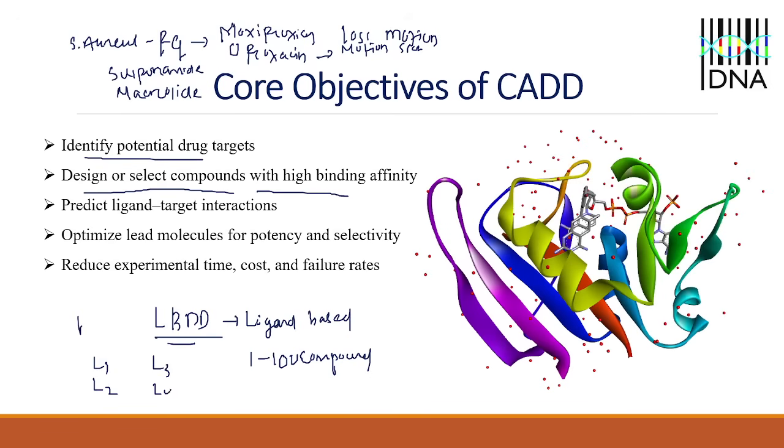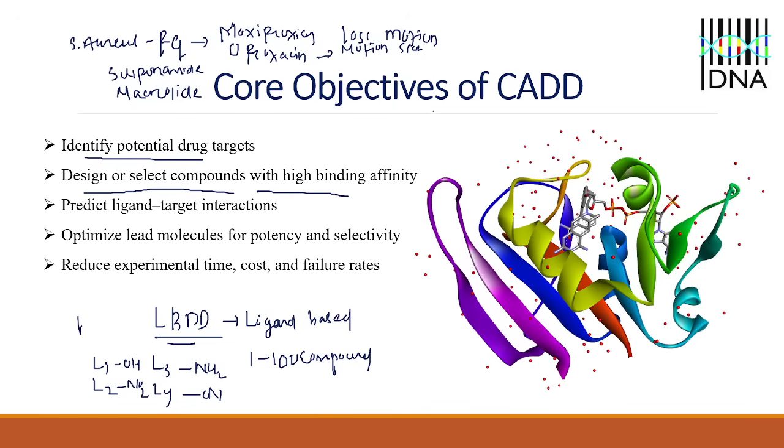Let me show you here only four derivatives. We just have a different substituent in the moxifloxacin. We substitute with an OH group. In moxifloxacin we may substitute with the nitro group, the amino group, or the cyano group. So we just remove one position and substitute with another group.